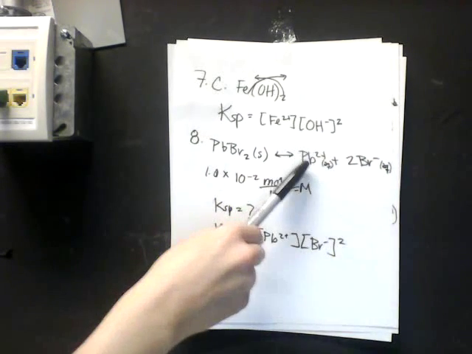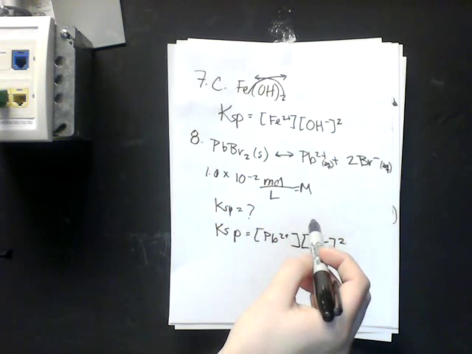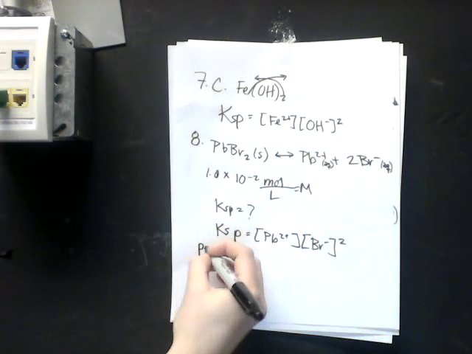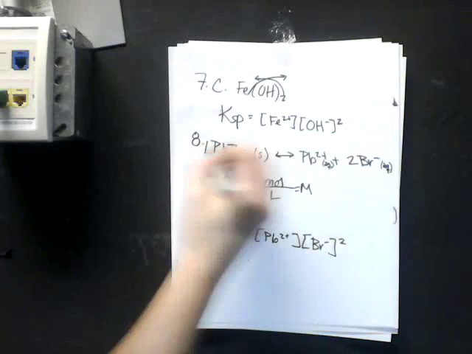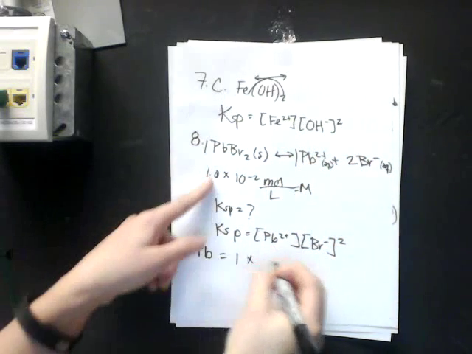So in this expression, my molar solubility, Pb, there's just a 1, and a 2. Pb is just going to be 1 times this value.